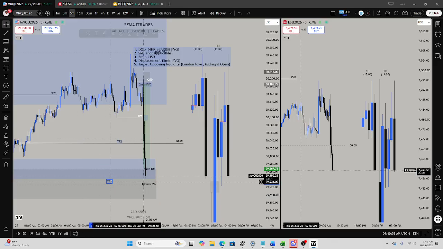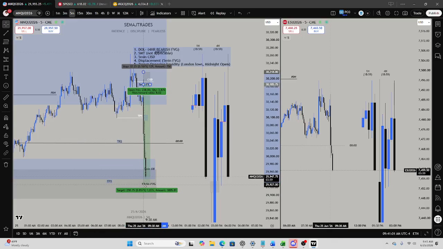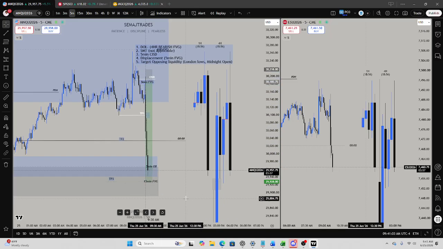TP3 is coming up right here at the equilibrium of this 15-minute fair value gap. This is where I'm expecting that reversal for sure.